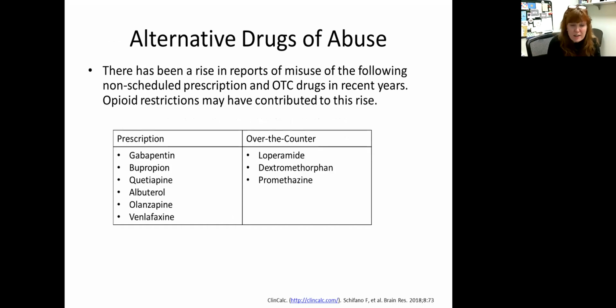I wanted to, this is not opioid specific, obviously, but with the opioid restrictions, it's been suggested that because of the opioid restrictions that have been put in place, there has been a rise in reports of misuse of other non-scheduled medications. Why this is significant for the elderly is because there are, for instance, these medicines that I'm mentioning here that are often prescribed in our elderly population.